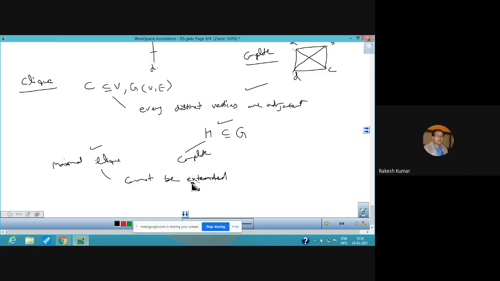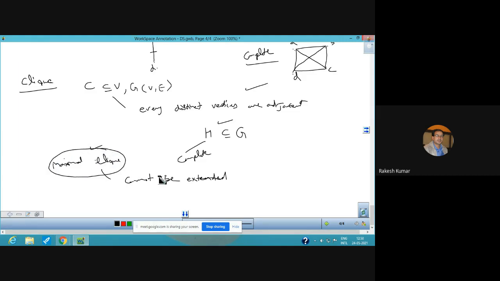So that is a clique which does not exist exclusively within the vertex set of a larger clique. So a maximal clique of a graph G is a clique such that there is no clique with more vertices. So a maximal clique ही clique होगा और उसमें कोई और clique नहीं आ सकता.